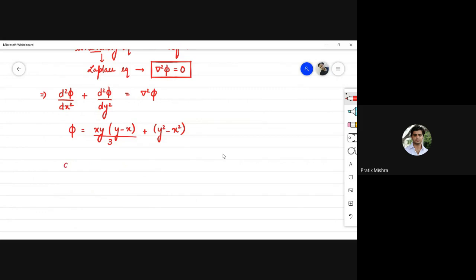Before that, open the bracket and expand phi. So your phi is (x y square minus x square y) divided by 3 plus y square minus x square. This is your function of phi.